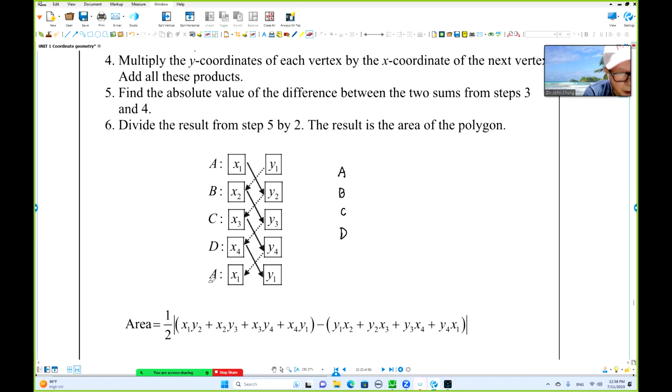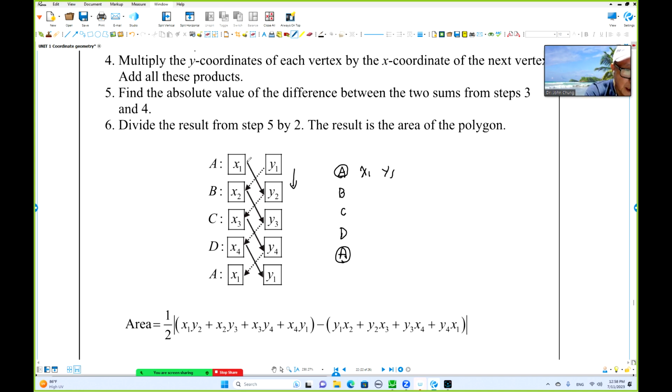But we have one more over here. That's the rule: when you start from point A, you're going to finish at the same point A. Write down their coordinates, x1, y1, something like that. This is the formula.